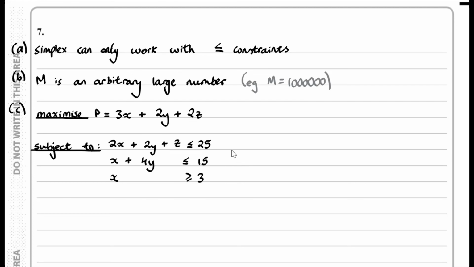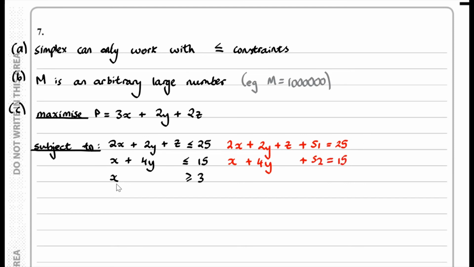If we consider this first inequality, 2x plus 2y plus z is less than or equal to 25, we can rewrite that as 2x plus 2y plus z plus s1 equals 25. For this next one, we have x plus 4y plus s2 equals 15.